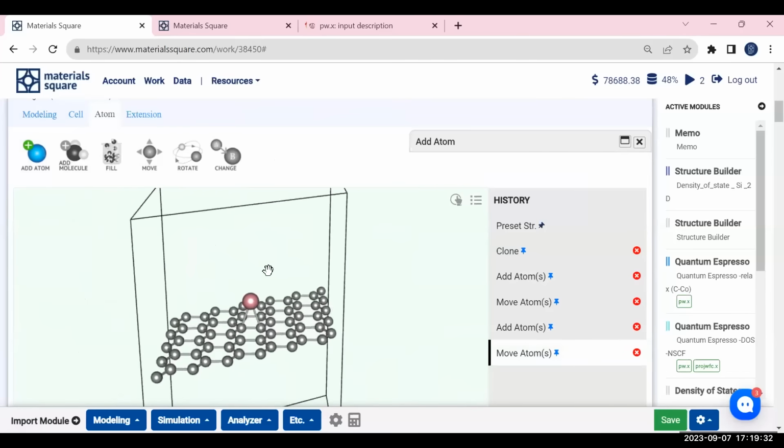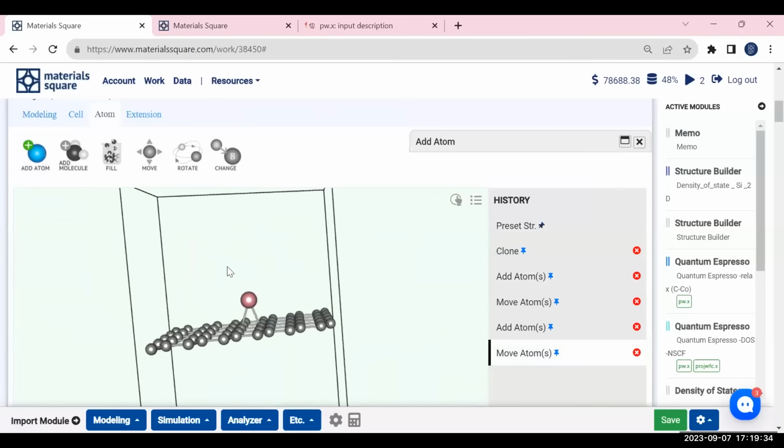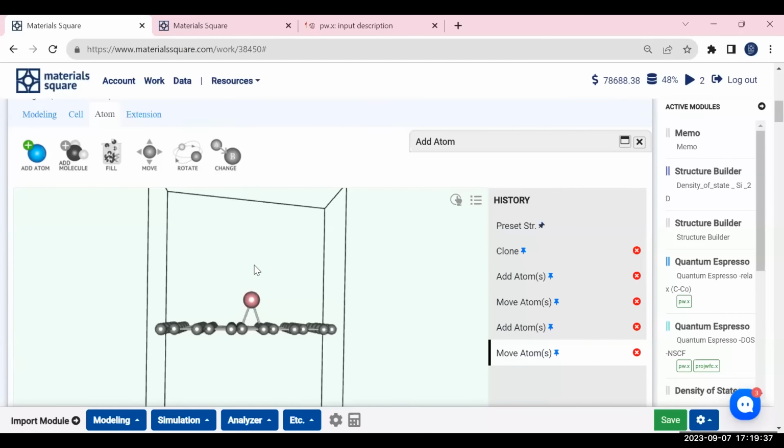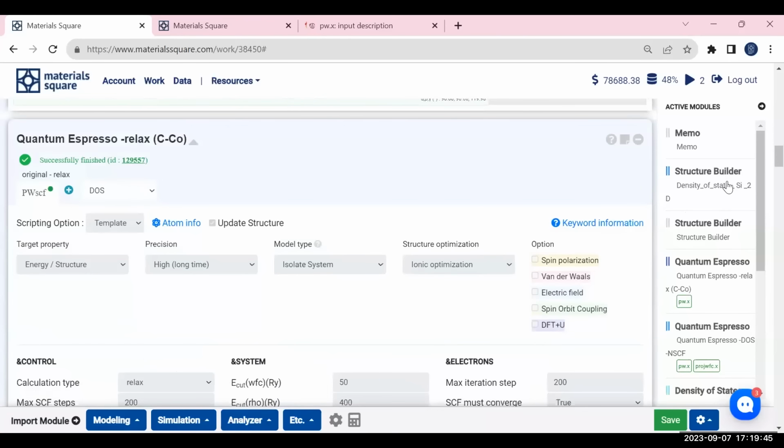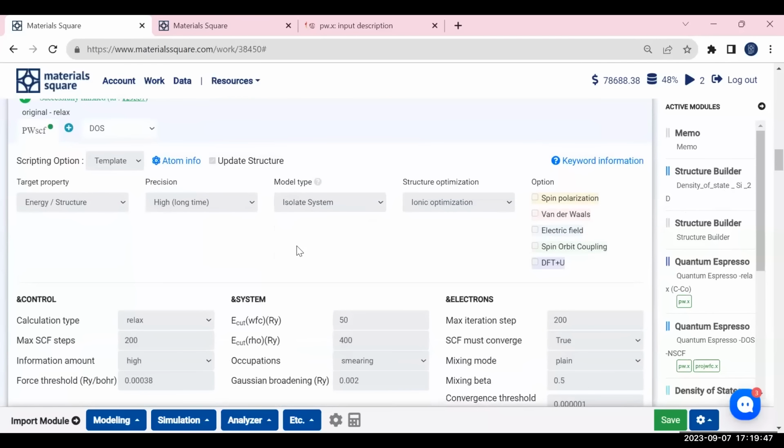So after you create your structure where the copper atom is adsorbed to the graphene structure, you need to do the DFT calculation for the structure. And the DFT calculation we have already done. After the adsorption energy is done, we have to do something called relax structure. So we have applied SCF calculation with, again, high energy. The structure is isolated, meaning the graphene where the copper is adsorbed to the surface.